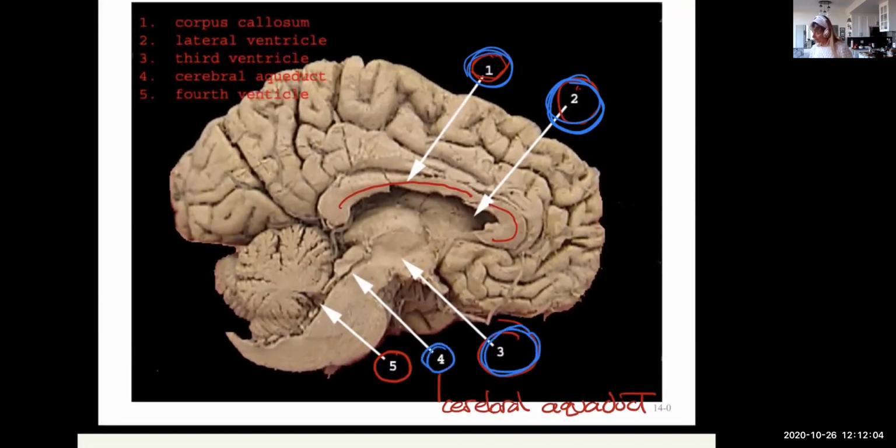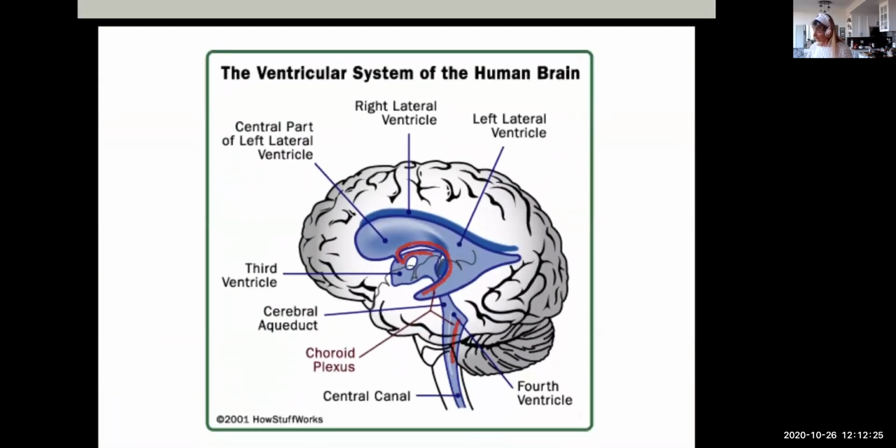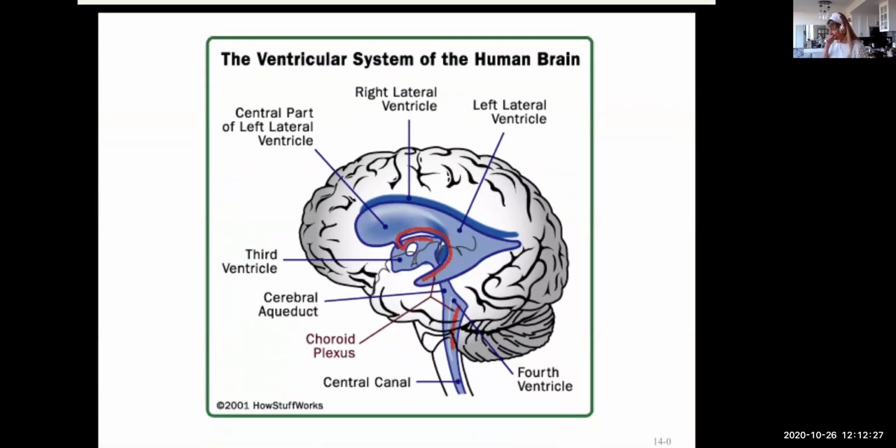Number 4, the cerebral aqueduct. And number 5 is the fourth ventricle. So perhaps I'll show that before I write notes.